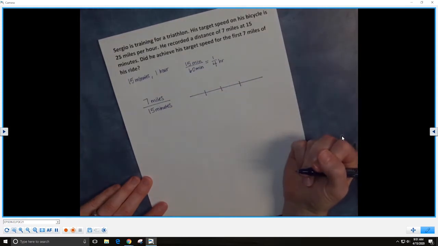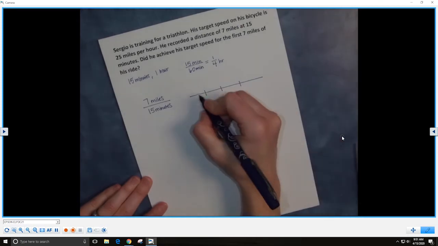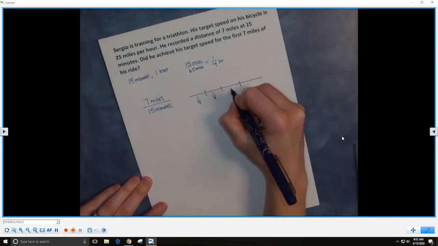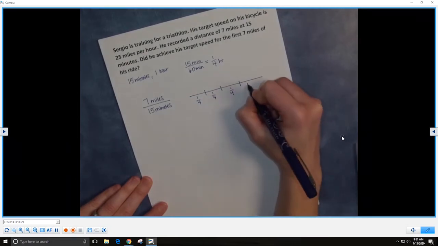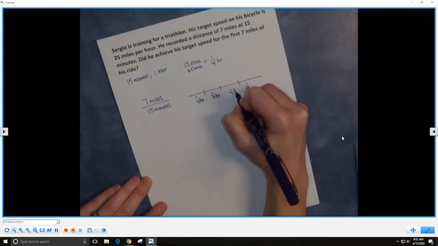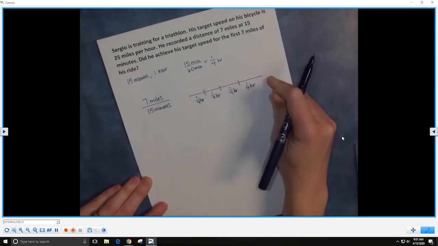Since we're given 1/4 of the hour, we can think about what this would look like for the entire hour. How many 1/4 are in 1? Yes, there are 4. So we can label each. So there are 4 1/4. If this whole thing is an hour, there are 4 1/4 of an hour in our hour.